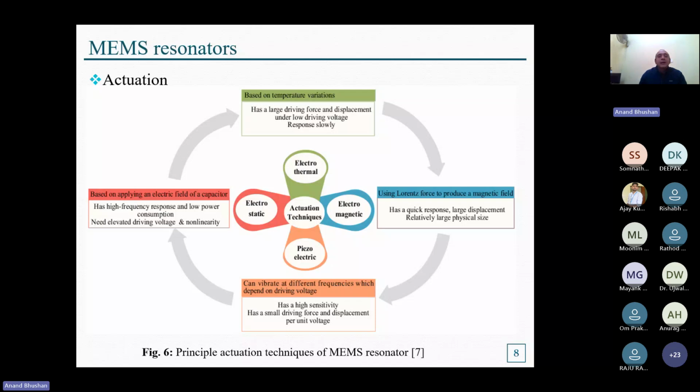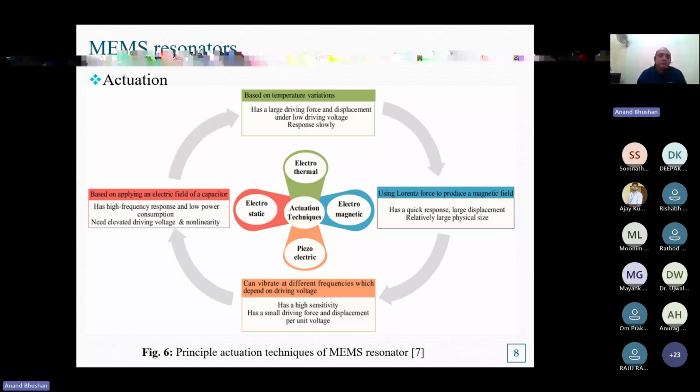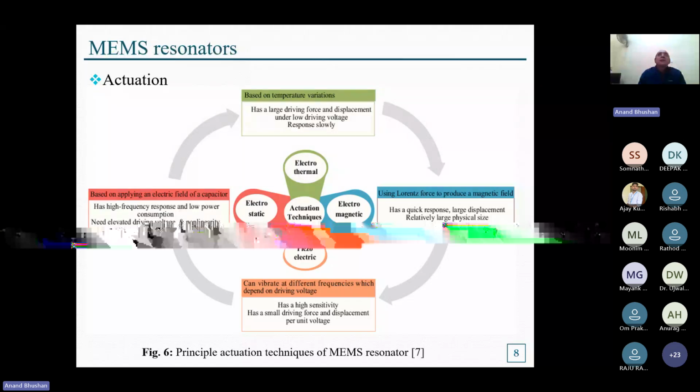The other is the electrostatic way. The whole further presentation is actually based on the electrostatic actuation principle. In electrostatic, we have a suspended microbeam placed above a substrate.